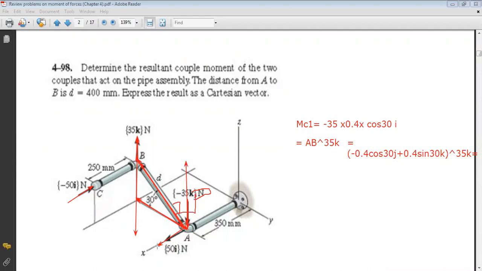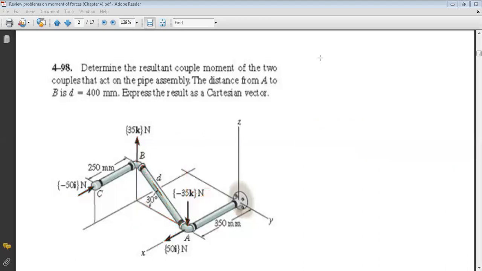Why not I component? Because already the forces are parallel to I, so they cannot produce moment about I. Okay? Now, here, since it's a little bit more complex, it's easier to do the vectorial method. I will do for you both, but the vectorial is easier.